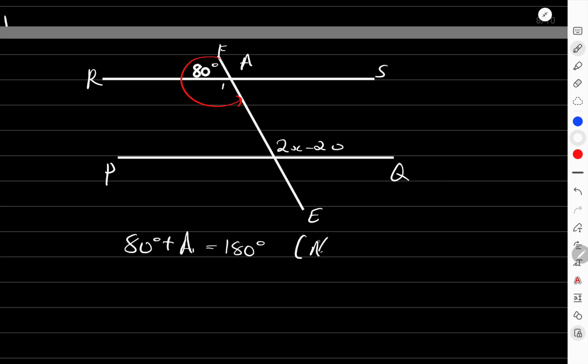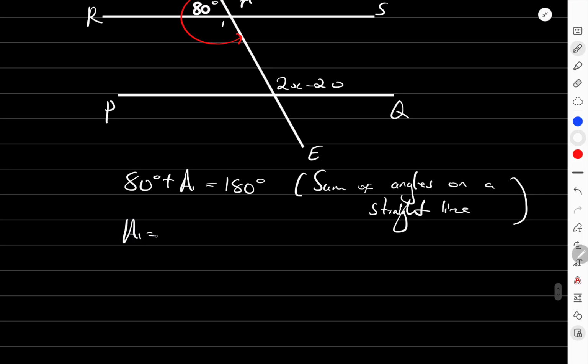Sum of angles on a straight line. Therefore I'm going to have A1 equal to 180 minus 80 degrees. Therefore A1 equals 100 degrees.